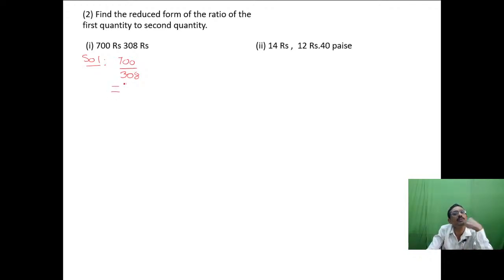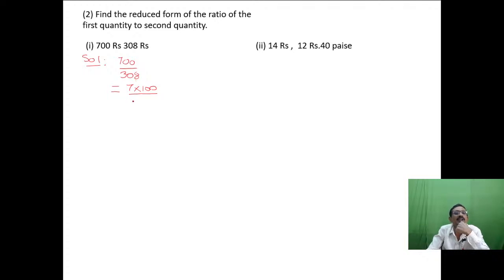This is 700 given to me. Can I say 7 into 100 gives me 700? Yes. 7 into 100 gives me 700.